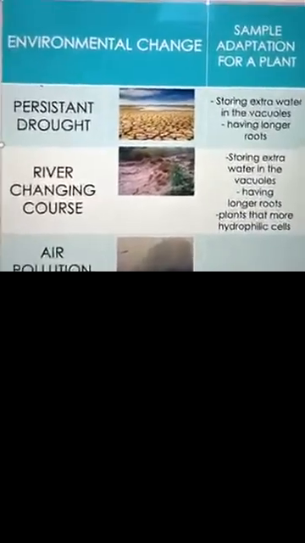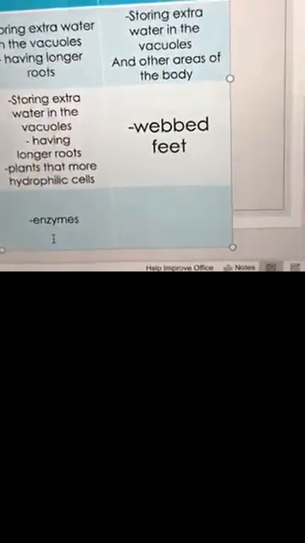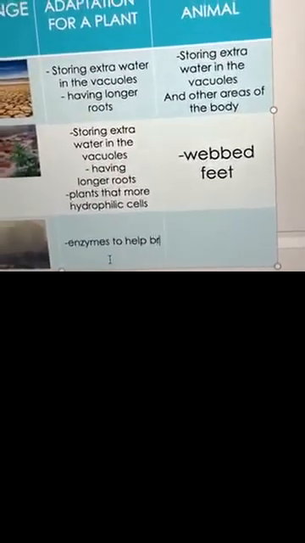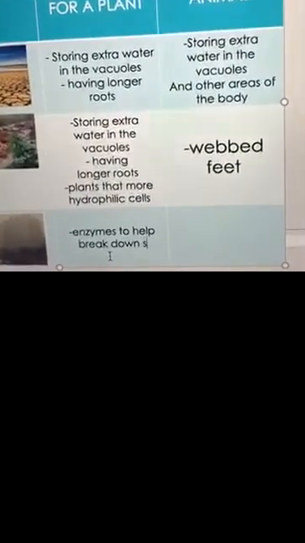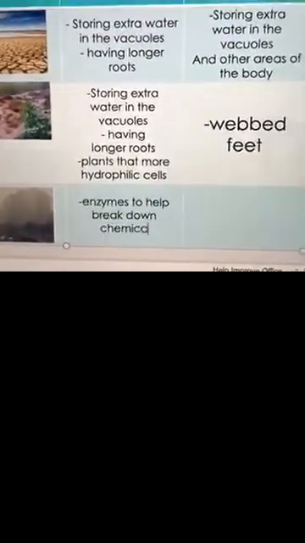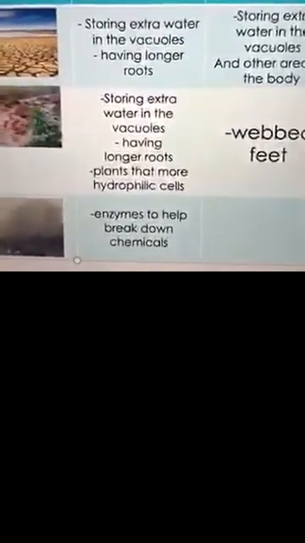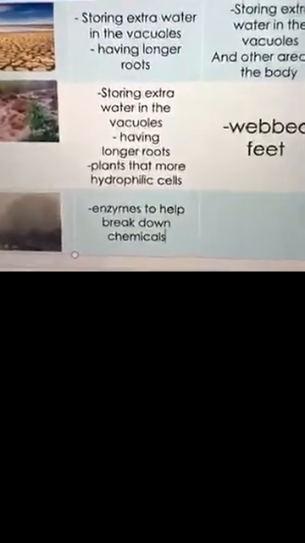So some plants have enzymes to help break down chemicals, and what they're able to do is take those chemicals that are naturally in the air that come with that air pollution, and they can pull out the carbon dioxide.